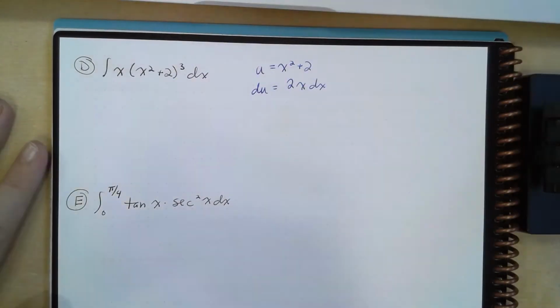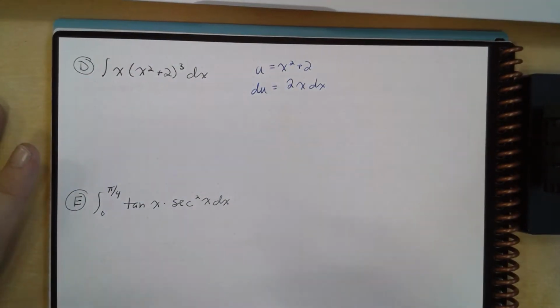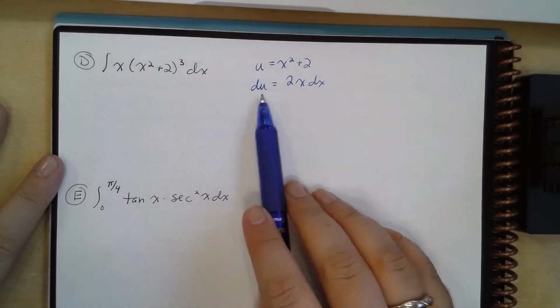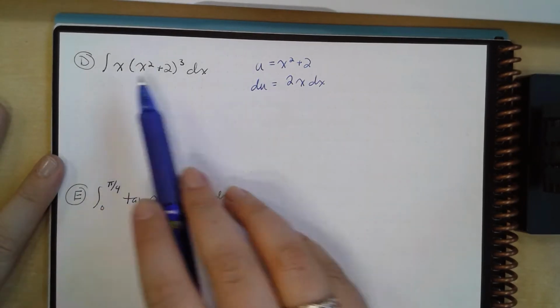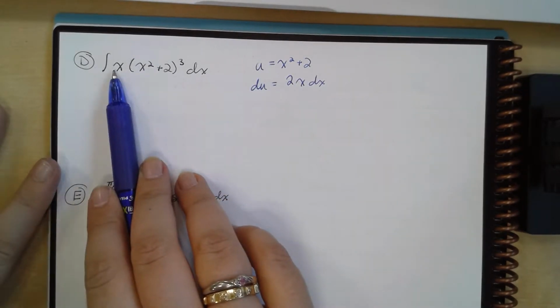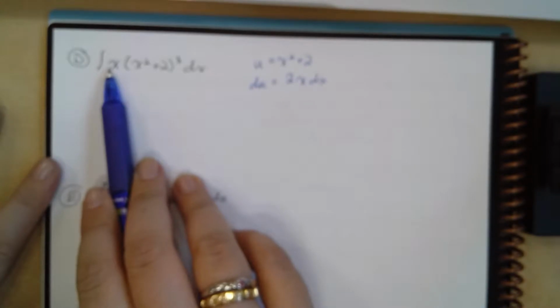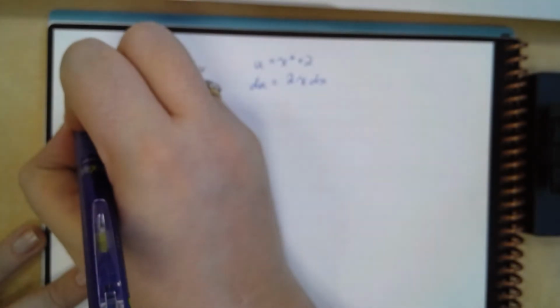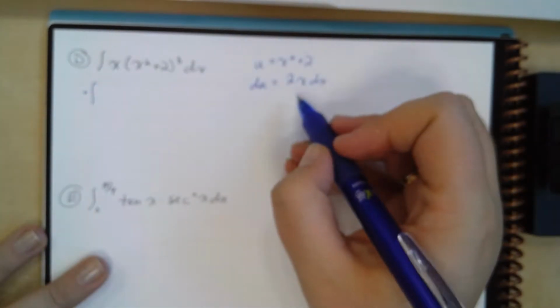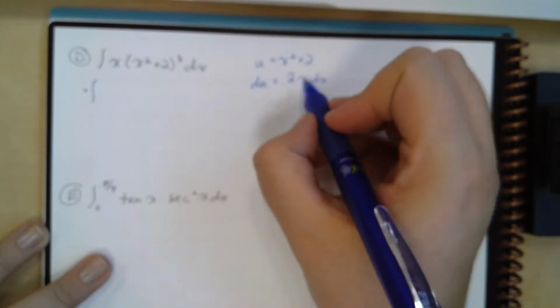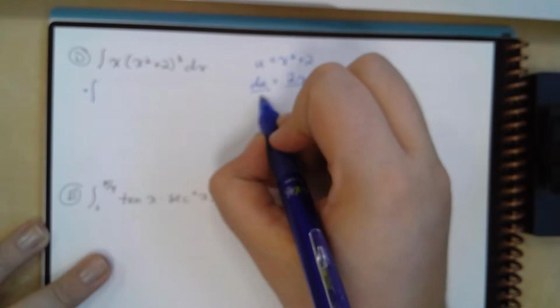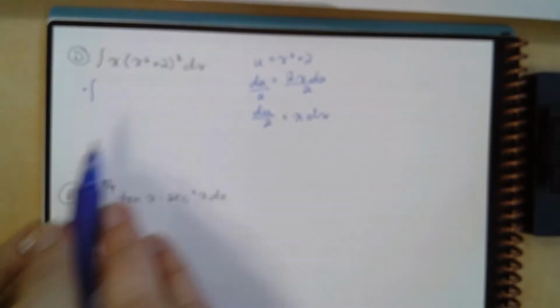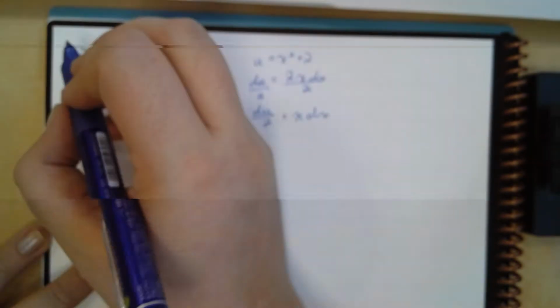Well, you can see we have a tiny bit of a problem here in that we have an x here instead of a 2x, but that's not that big of a problem actually. We can rewrite this. If I divide both sides by 2, I have du over 2 is equal to x dx, right? So now that matches up.